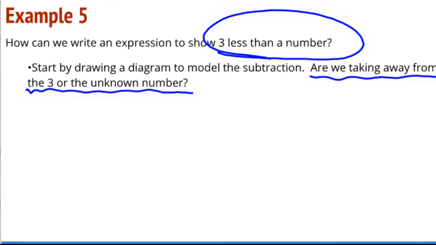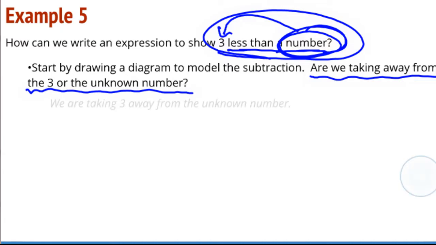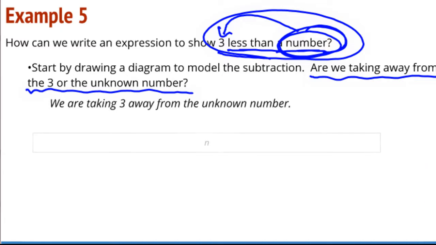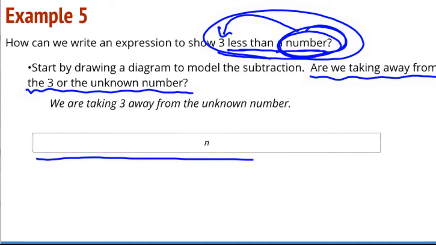Well, it says less than a number. So I have a number, and I want less than that number. How much less? I want 3 less. So I have a number, and I'm going to take 3 away from that number. So here would be the model. I had a number, and I have less than that number.